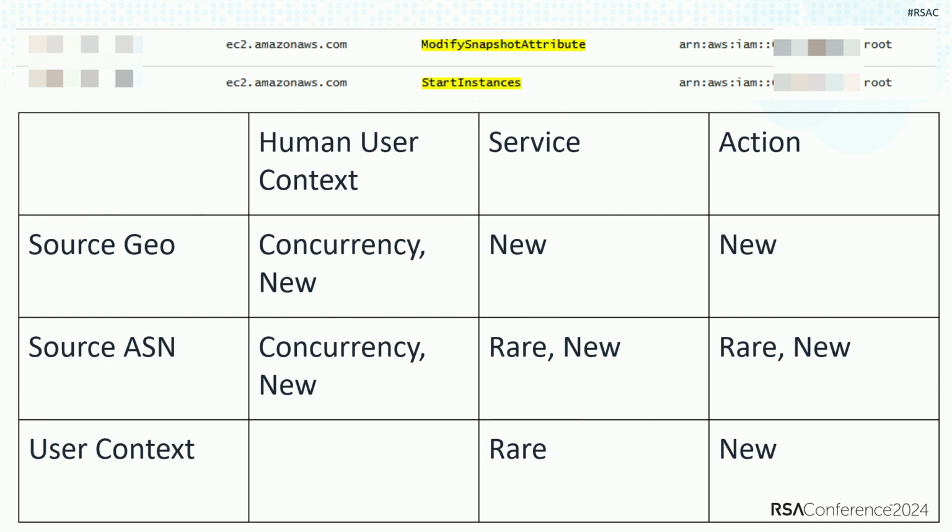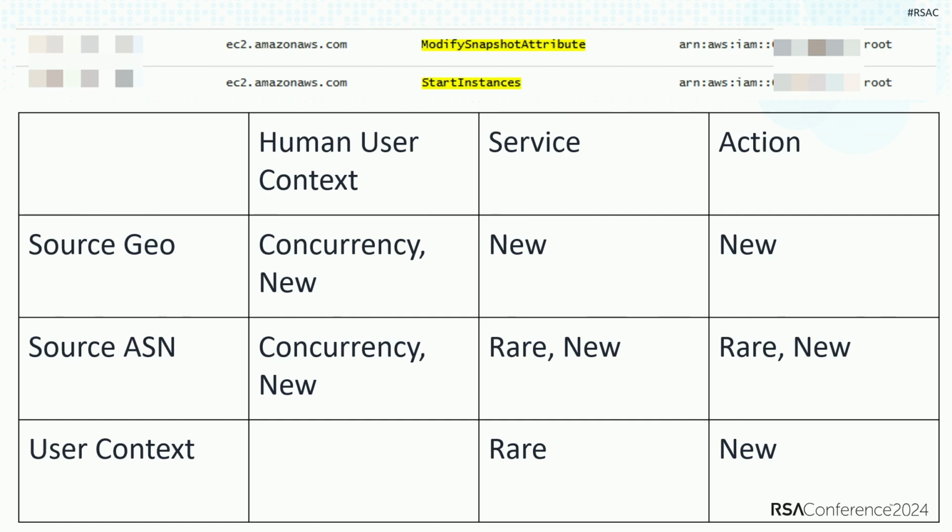And what I mean by the difference between concurrency, new, and rare, and the reason I'm including this is, even if you don't have a data science team or a machine learning capability, or maybe you're in the early stages and don't have one up and running yet, it's possible that you may be able to do these kinds of anomaly detections in the SIM tool that you're already using, in their search languages, if you dig into it.